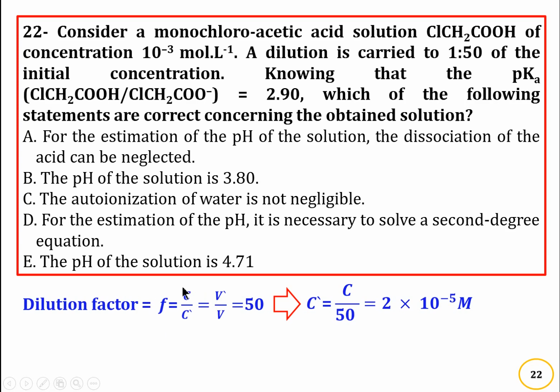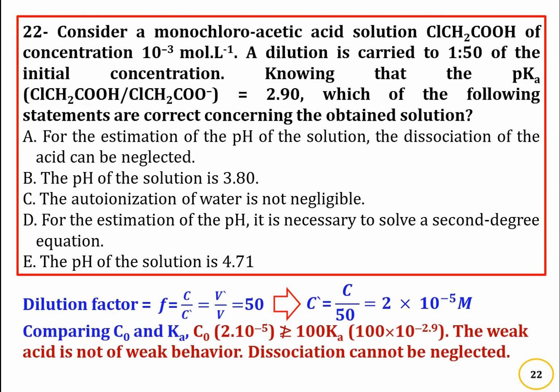The factor of dilution equals the initial concentration divided by the final concentration. So the factor of dilution equals 50. We did a 50 times dilution. The final concentration after dilution equals C over 50, equal 2 times 10 to the minus 5 M. This is the concentration of the weak acid after dilution.